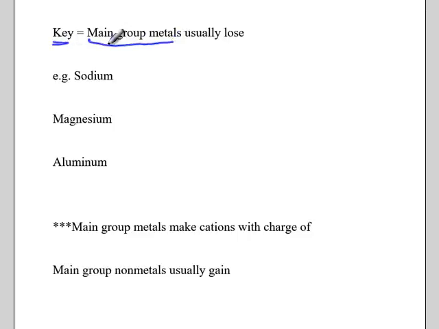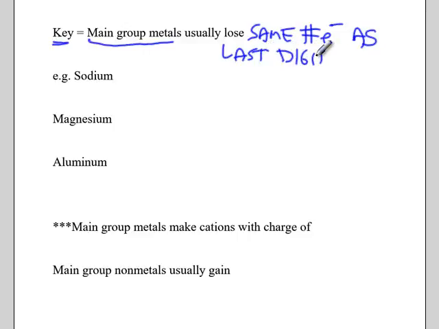So if a metal is found there on the periodic table, it's usually going to lose the same number of electrons as the last digit of its group number, which you find on the periodic table.